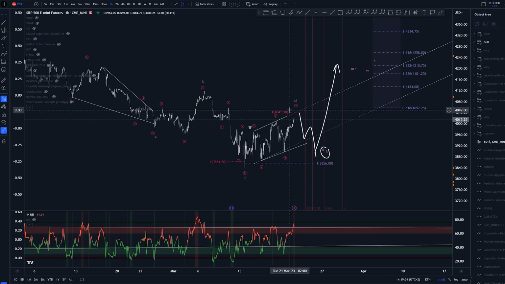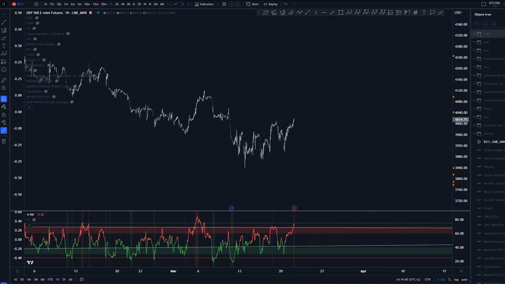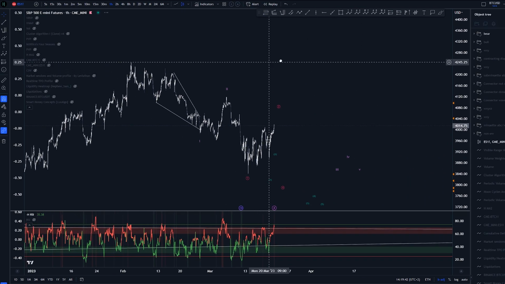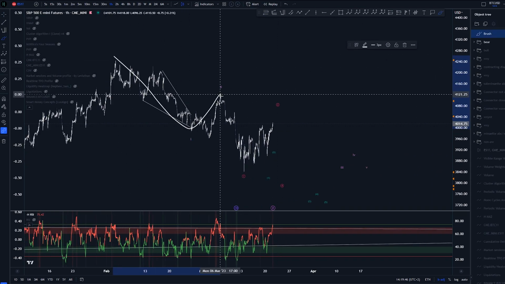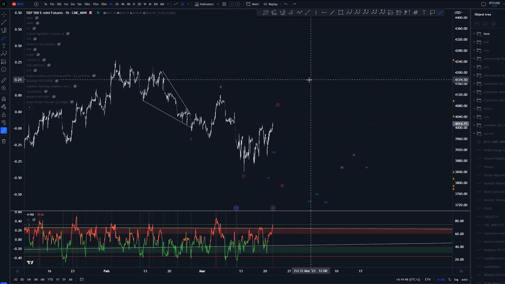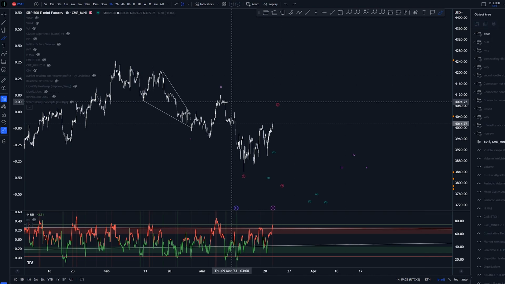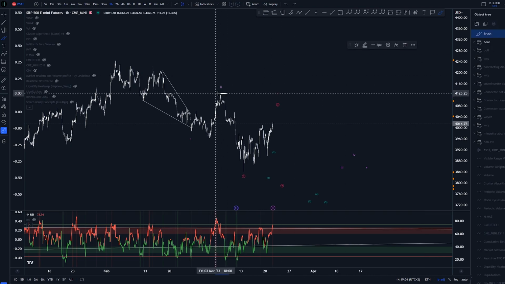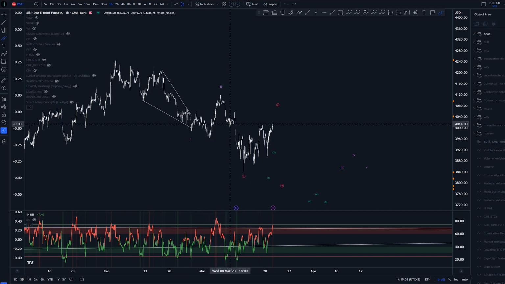I am favoring this at the moment, whether it's going to be an ABC or 1, 2, 3. I'm turning a bit more bullish here. Now, the bear count that we've had has been this as a 1, 2, 1, 2. Again, as mentioned on the previous section of this video, I guess, Nasdaq has taken out this high here. So again, we can't have a 1, 2, 1, 2 there.